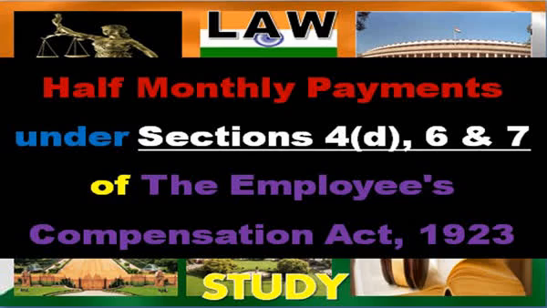Subsection 1a. Notwithstanding anything contained in subsection 1, while fixing the amount of compensation payable to an employee in respect of an accident occurred outside India, the Commissioner shall take into account the amount of compensation, if any, awarded to such employee in accordance with the law of the country in which the accident occurred and shall reduce the amount fixed by him by the amount of compensation awarded to the employee in accordance with the law of that country.